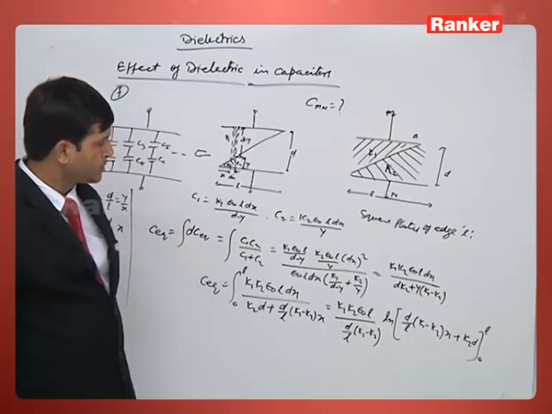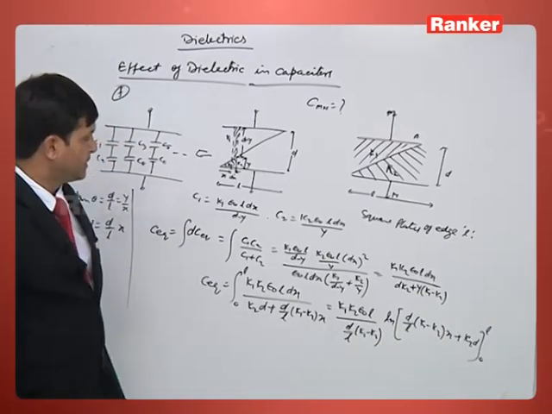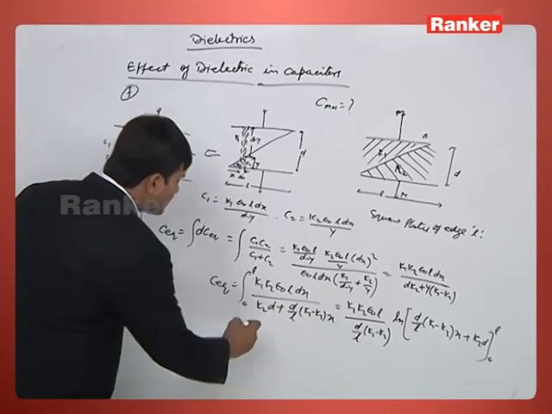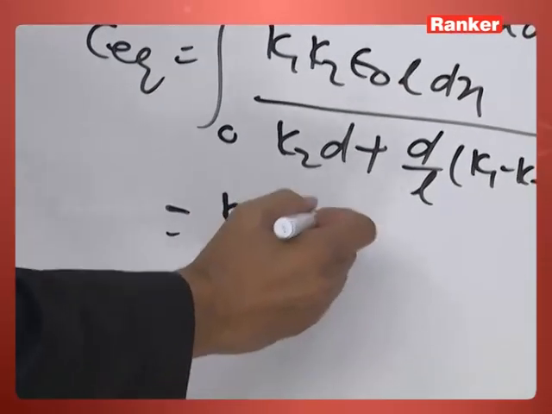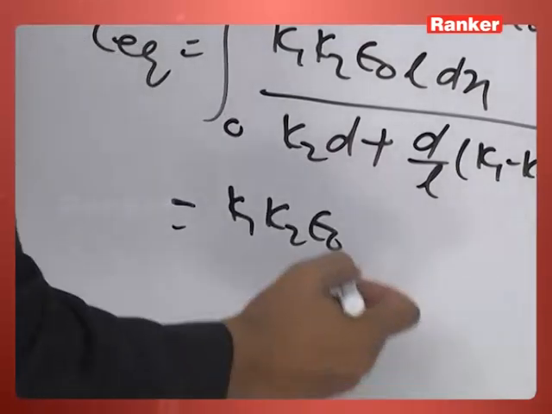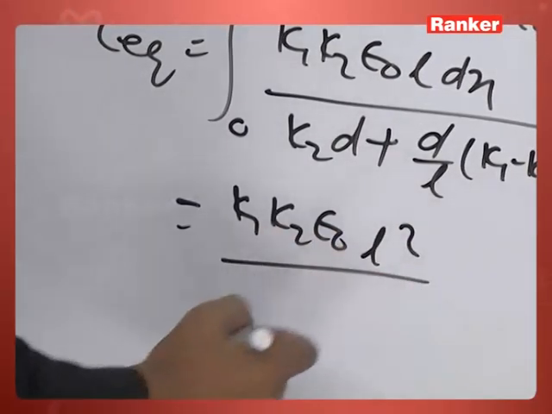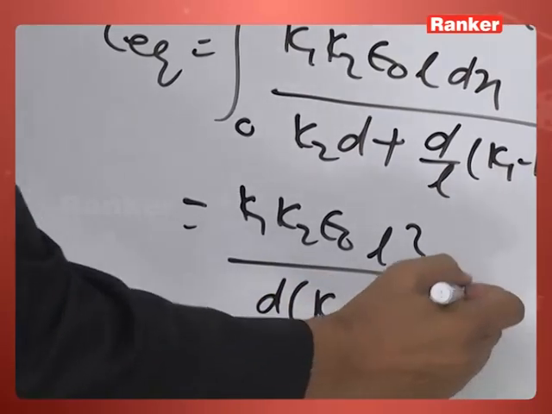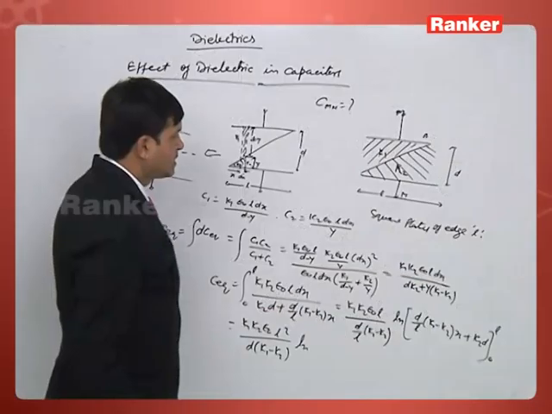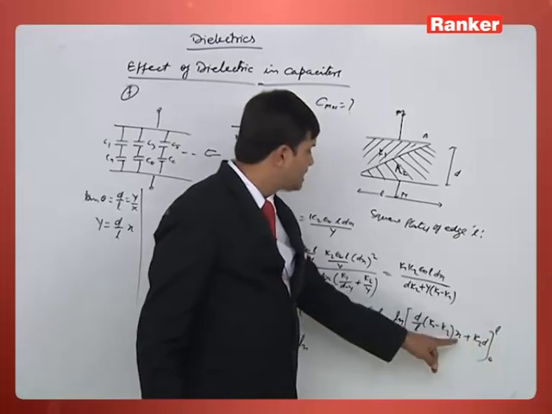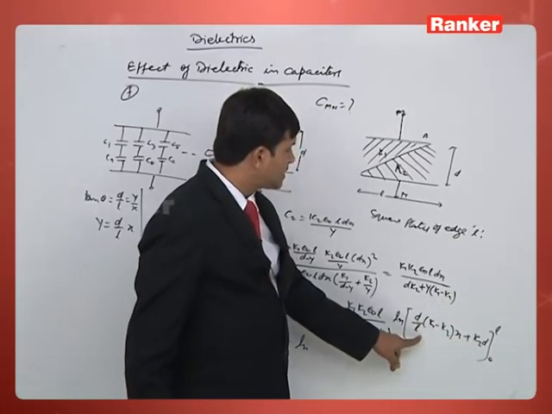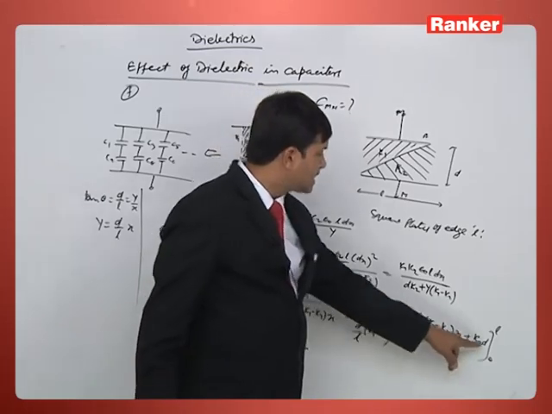Now simplify. After simplifying, we will get K1 K2 epsilon naught L squared by d (K1 minus K2), and ln here when x is L. So this L and L cancel, and dK2 and dK2 cancel.